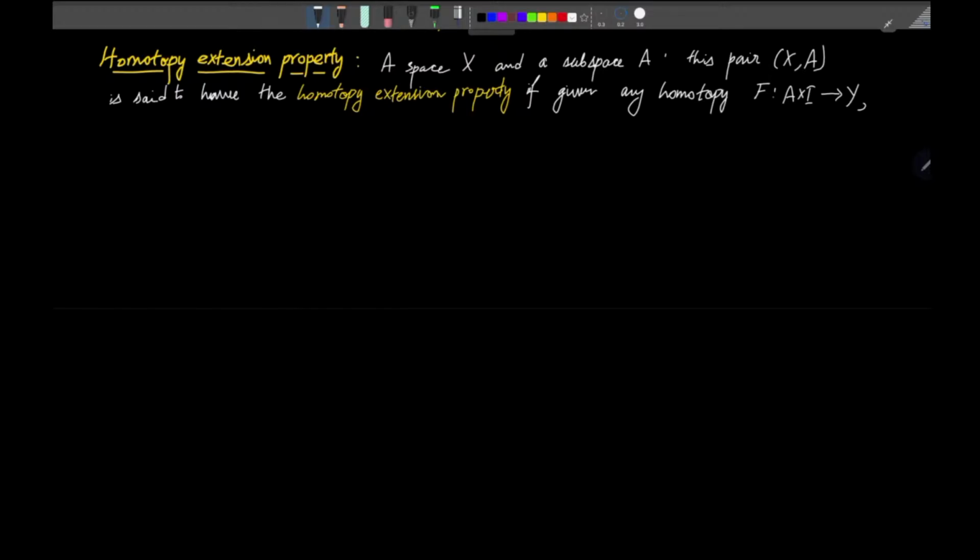Another thing is given, any map. So this is not a homotopy per se, but just a map G from X to the same space Y. These two Y, these two are the same space. So that is the important part here.